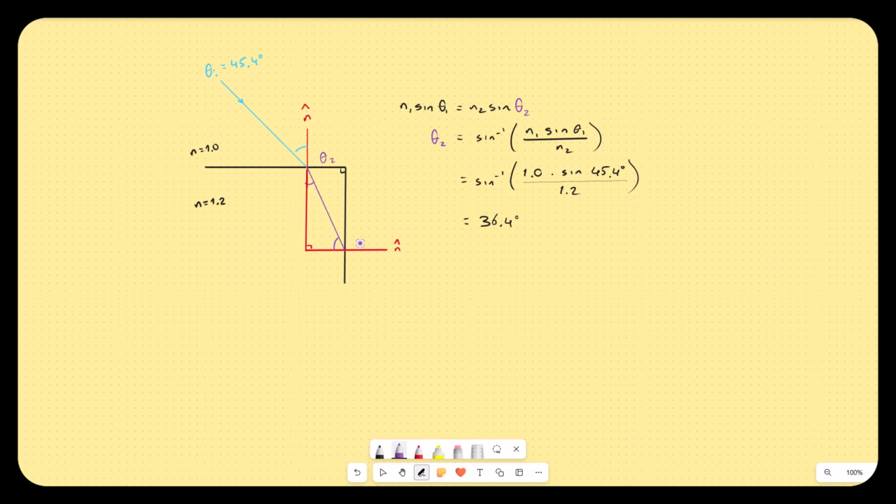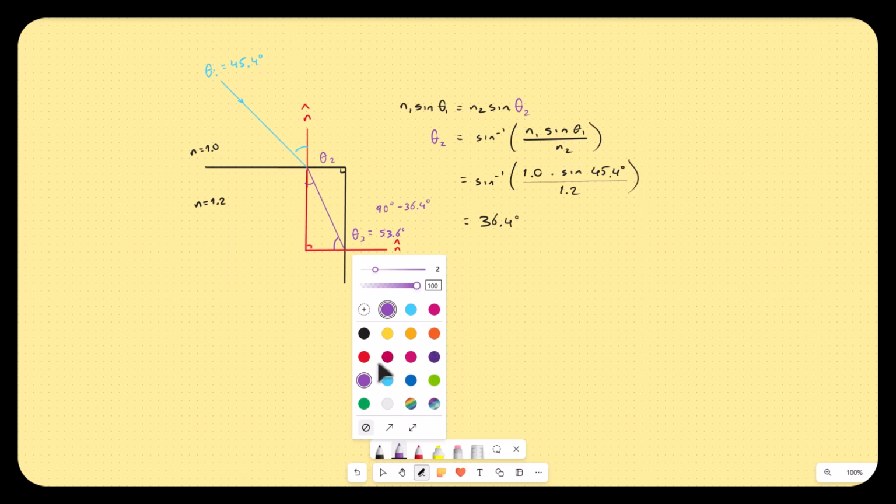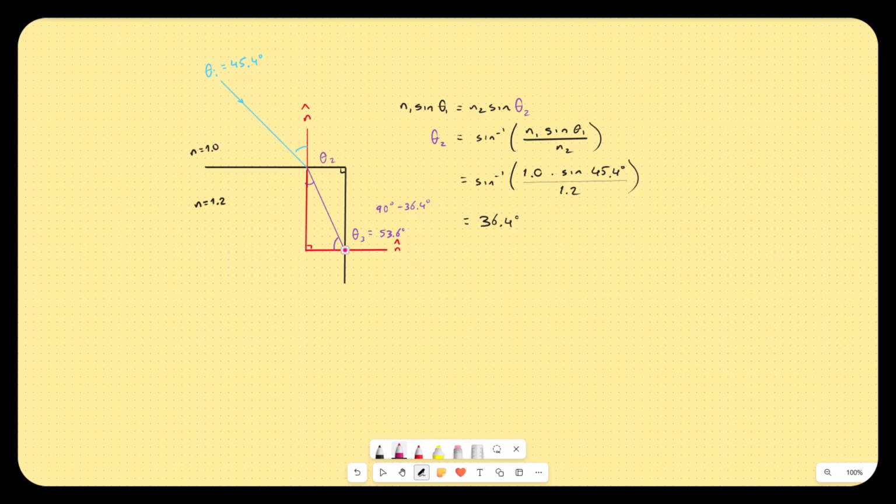So this angle, theta 3, which is what I'm hoping for, because that's going to be what's incident onto my new normal, is 90 degrees minus 36.4 degrees, and that gives me 53.6 degrees. If I were to keep going unrefracted, I would go something like this.